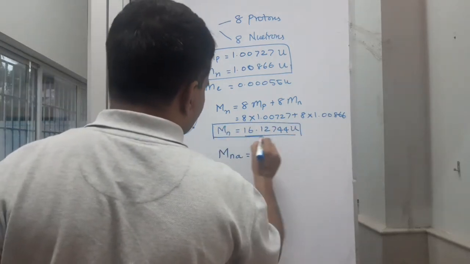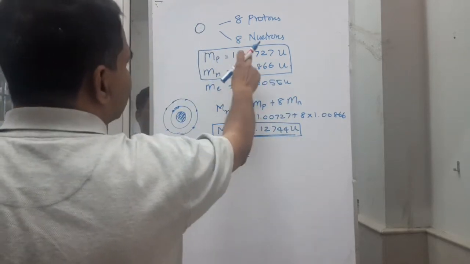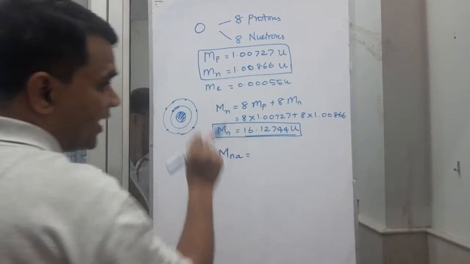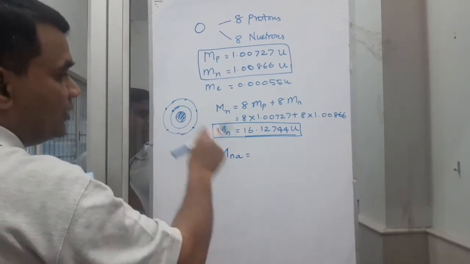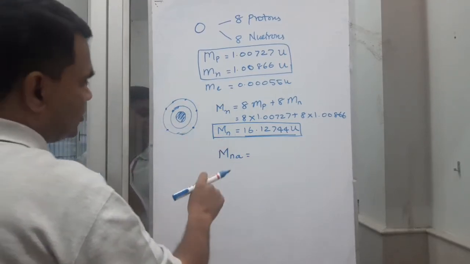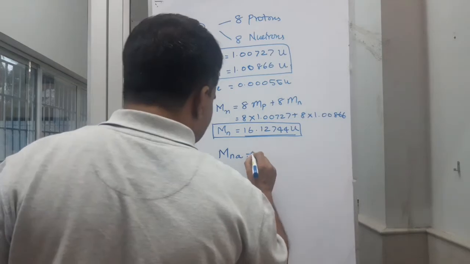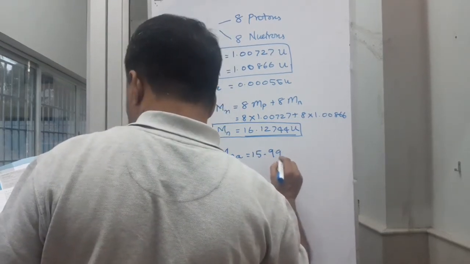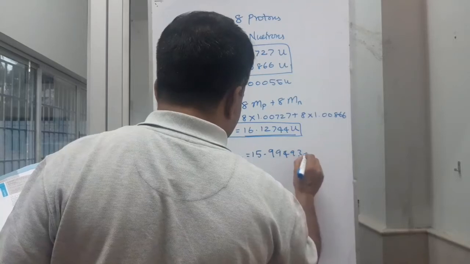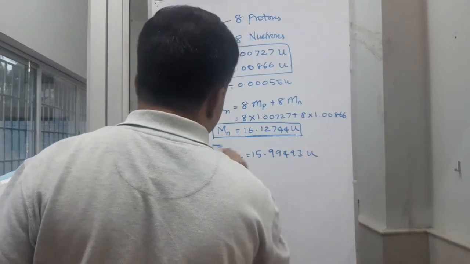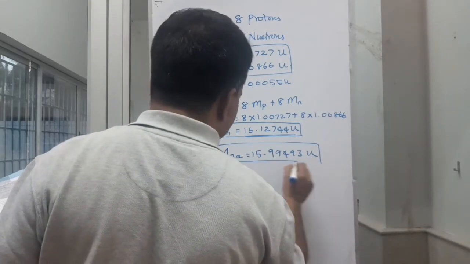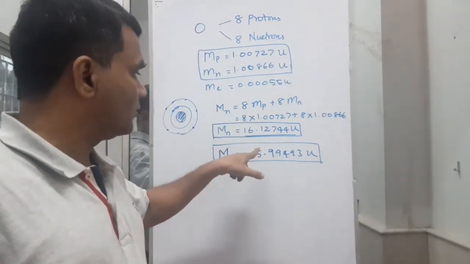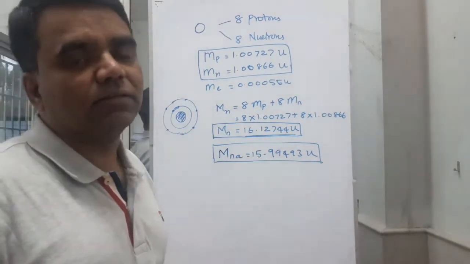If there are 8 protons and 8 neutrons, and if I know the mass of proton and mass of neutron, this is what I should get. But when I actually weigh the nucleus of oxygen, I get this value, 15.99493 atomic mass units. This is what I should get, but this is what I actually get.